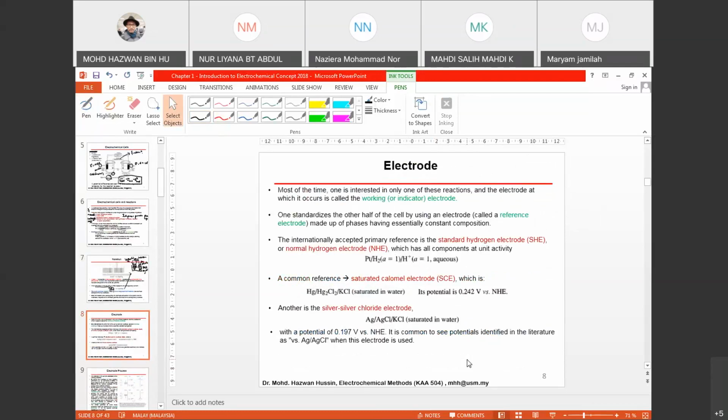And for types of electrodes in electrochemical processes, you have many things. Let me just tell you, for electrodes, you have WE, you also have CE, and you have RE. Remember all these three. WE is the working electrode.